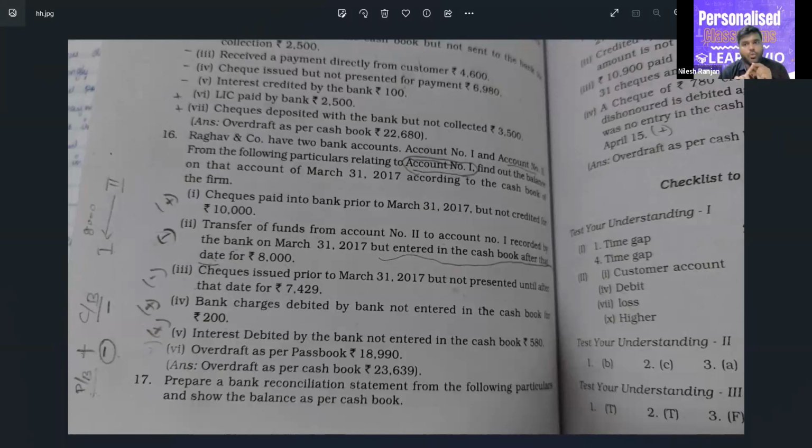Now you have solved questions for debit balance as per cash book, credit balance as per cash book, debit balance as per passbook, and credit balance as per passbook. Yes. You have solved all four balance questions or not? Let's check these four questions that you have solved. Okay, sir, 1 minute.